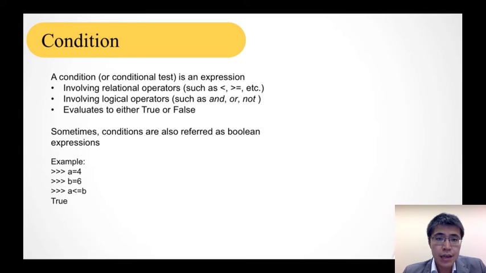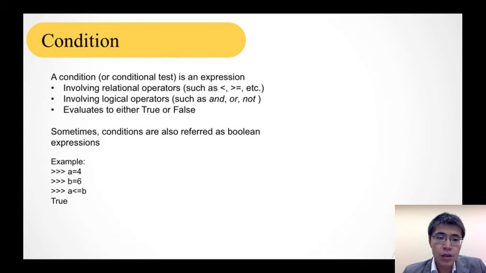A condition is an expression in Python. It can involve relational operators, or logical operators, or just a true or false value. You need your condition to be in the state of whether it is true or false. So let me give you some examples.